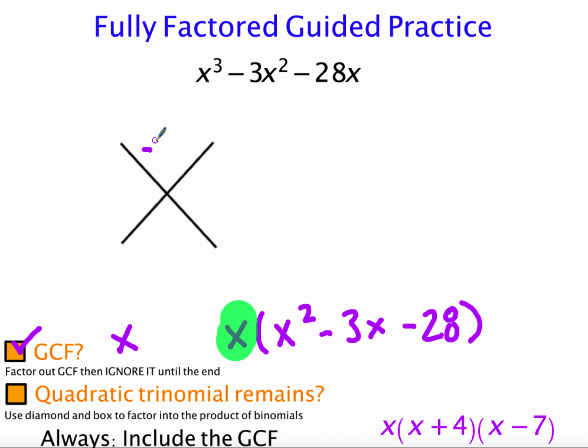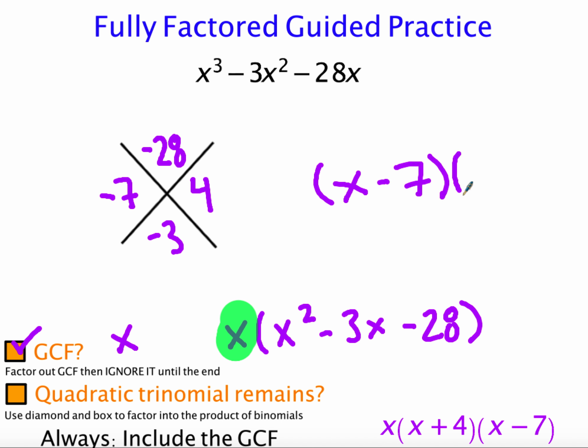So we're looking for two numbers that multiply to negative 28 and add to negative 3. Thinking of some factors of 28, right away what pops into my head is 7 and 4. And yes, negative 7 times 4 gives me negative 28, and they add together to be negative 3. So without doing the box, since a is 1, I know that x squared minus 3x minus 28 is x minus 7 times x plus 4.